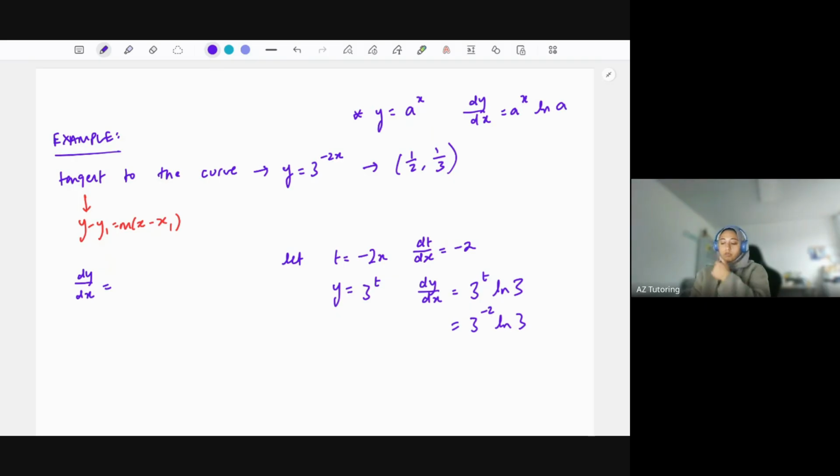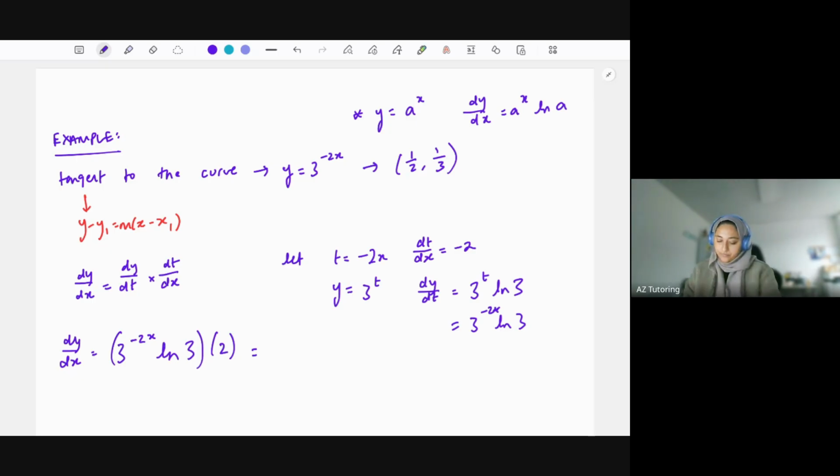Remember the chain rule says dy over dx equals dy over dt times dt over dx. Plugging everything in, dy over dt, which we've just found, is 3 to the power of minus 2x times ln 3, times dt over dx, which is minus 2.